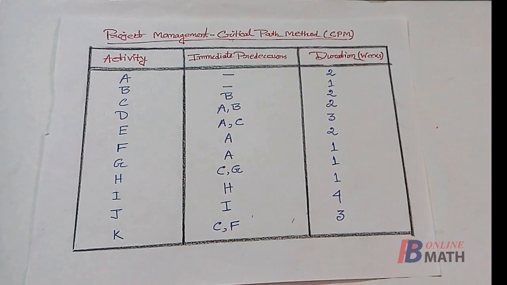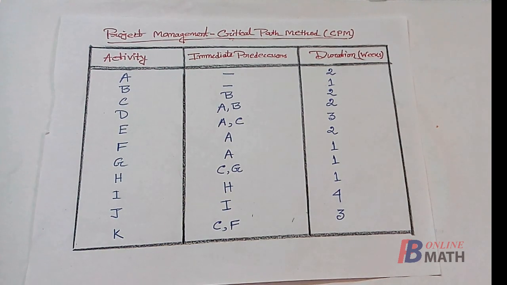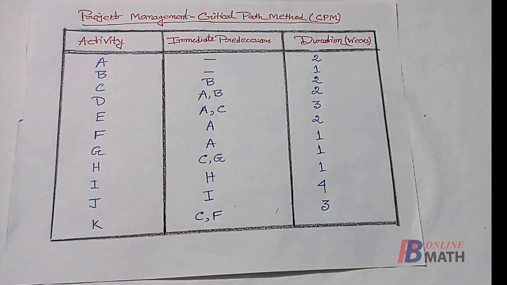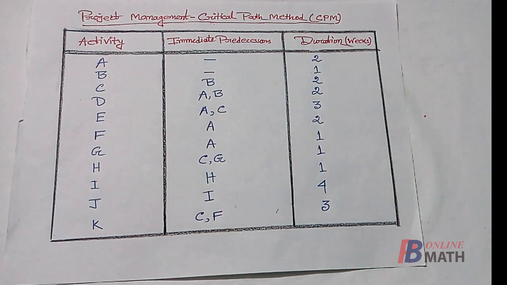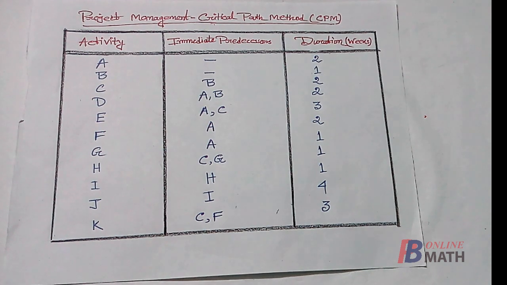But if we look carefully, we shall find that there are some activities which can be done parallelly. So we have to identify those activities which can be done parallelly. In this process, we shall find that there will be two types of activities. There will be some activities where any delay will cause a delay in the project.